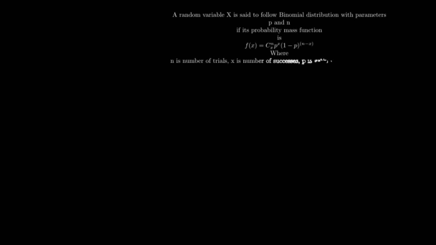So a random variable X is said to follow binomial distribution with parameters n and p if its probability mass function is nCx p^x (1 minus p)^(n minus x), and this distribution is a discrete distribution.